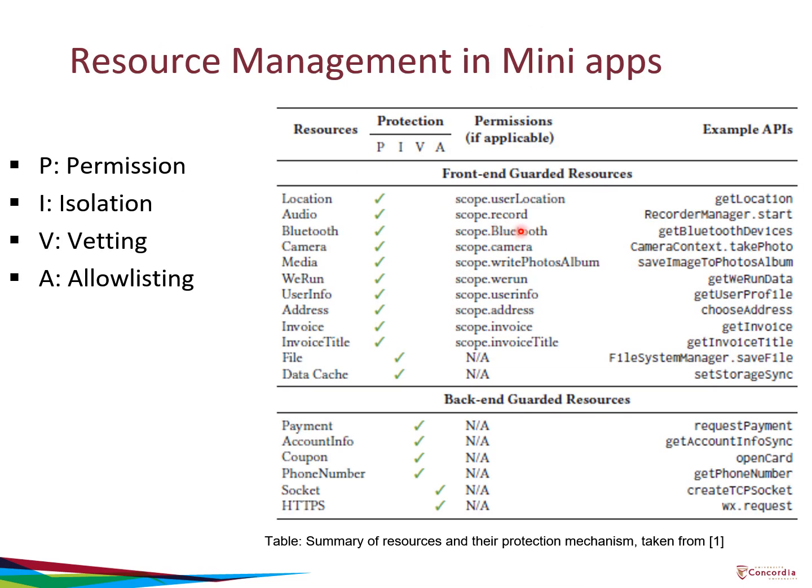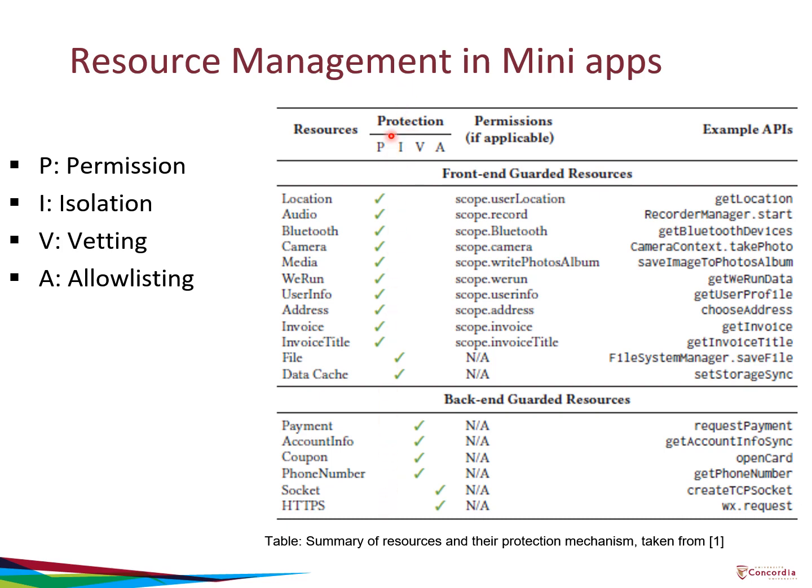Resource management in mini apps. In this table, we have a summary of resources and the protection mechanism. This image was taken from the paper. In the first column, we have the resources. In the second column, we have the kind of protection mechanism.